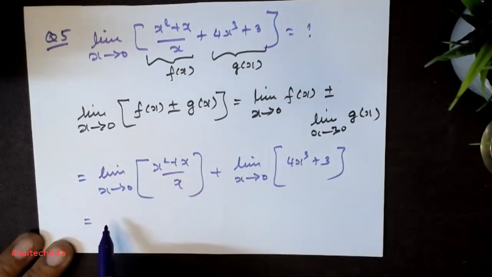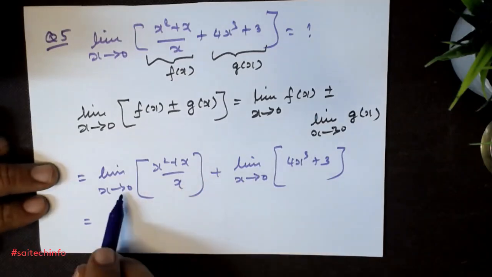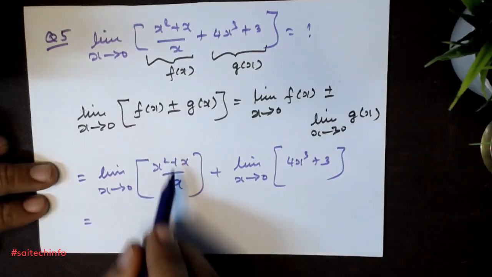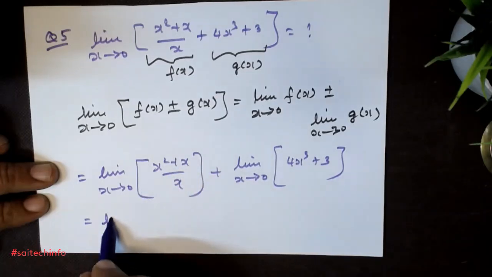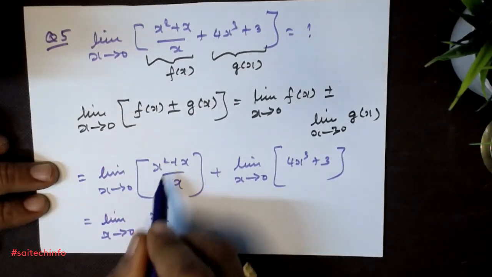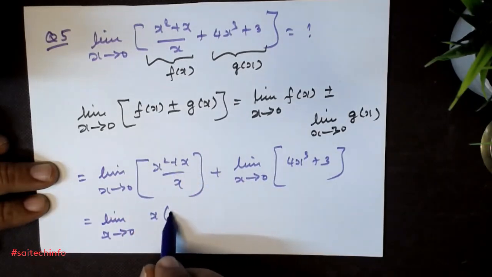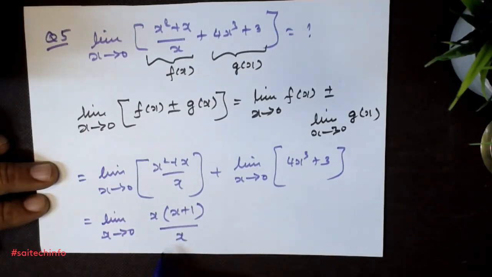So you cannot put 0 here, it becomes infinity. So in order to avoid that, we have to factorize this. So limit x tends to 0, and x can be taken outside the bracket. So in that case it becomes x plus 1 divided by x, is it not?